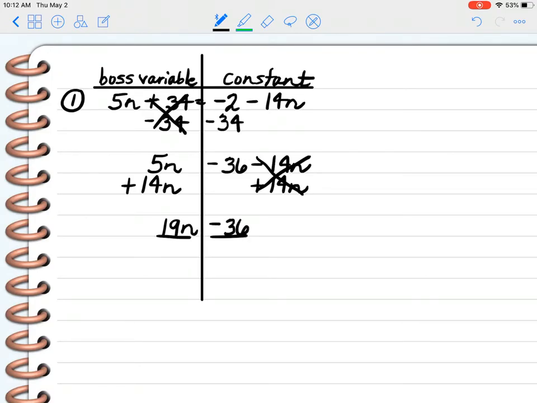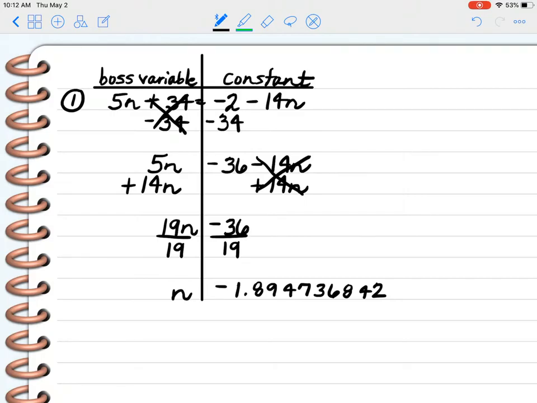This is not going to be a nice even answer, and that's okay because sometimes life works that way. So your negative 36 divided by 19 is going to give you a very ugly, long, many decimal places answer.